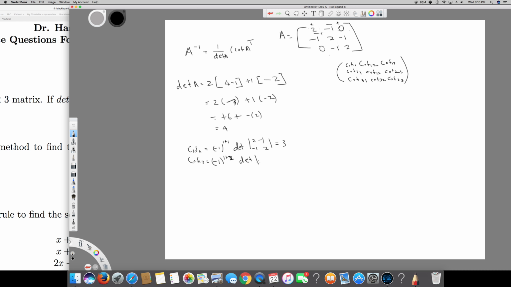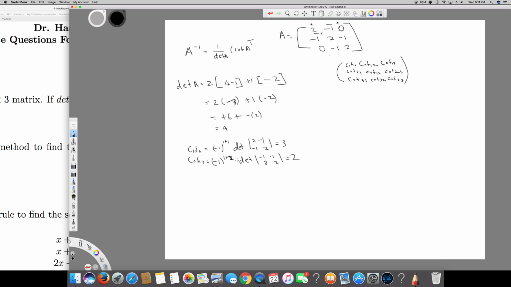So the remaining is minus 1 0, minus 1 2, which is equal to minus 2 minus 0, minus 2. But here it's negative 1 to the power of 1 plus 2, which is 3, therefore it's negative. So negative negative becomes positive, that's how it's 2.